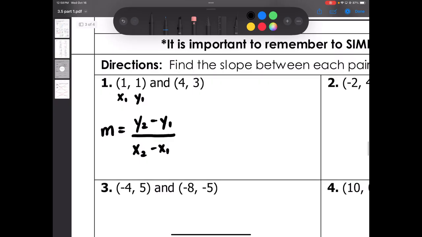And then the 4, let me use a different color, 4 is x2, y2. Okay? So I'll just ask, what am I looking for first?